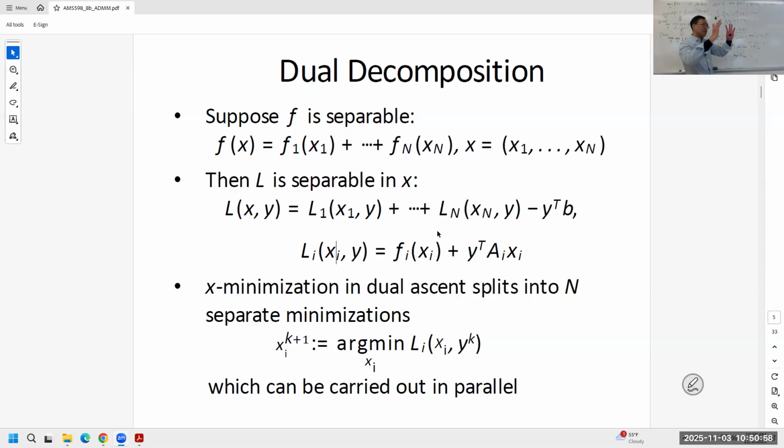So you separate it, but this b is also constrained. Although b is not separable. So I actually have a typo in the previous slide. b cannot be separated. So your A1 is a P by n1 matrix, this is n1 by 1. So b is not separable.